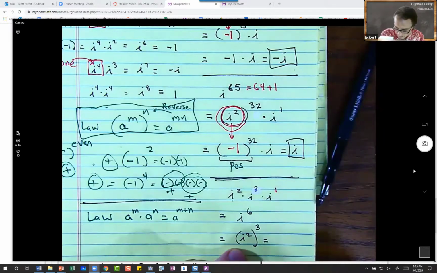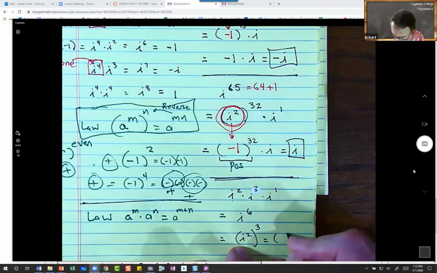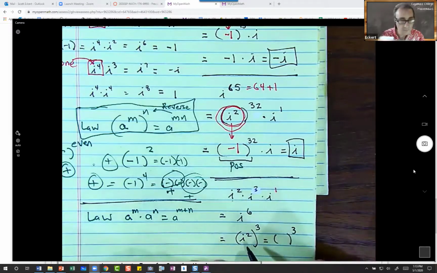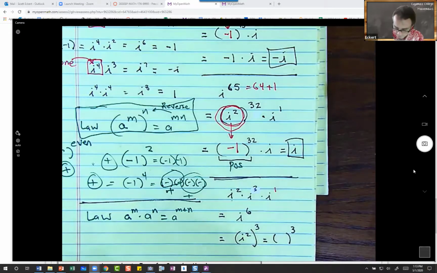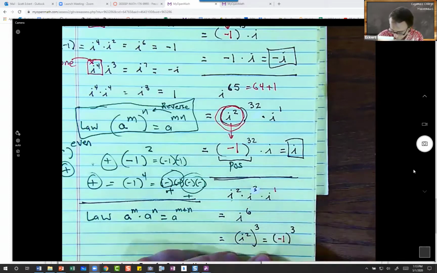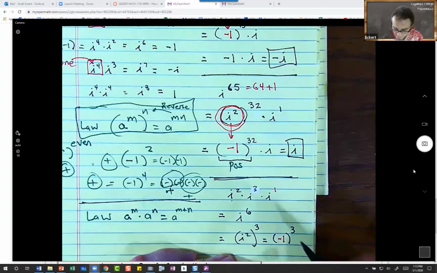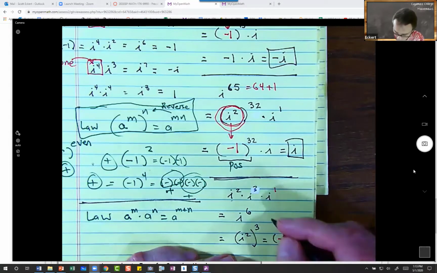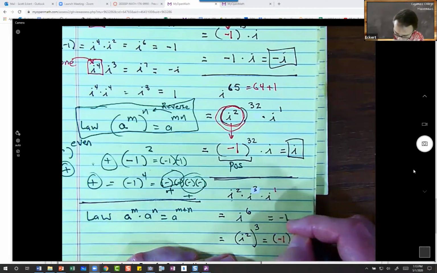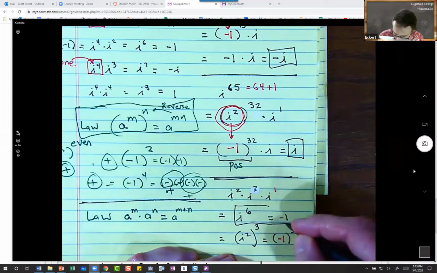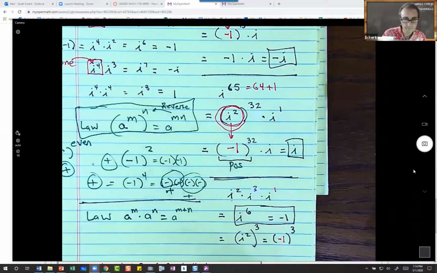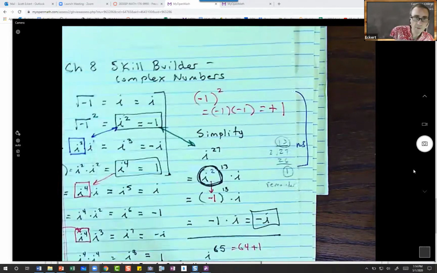And I squared simplifies to -1. And then what's -1 to the 3rd power? Negative times a negative times a negative equals -1. Make sense? Yep.